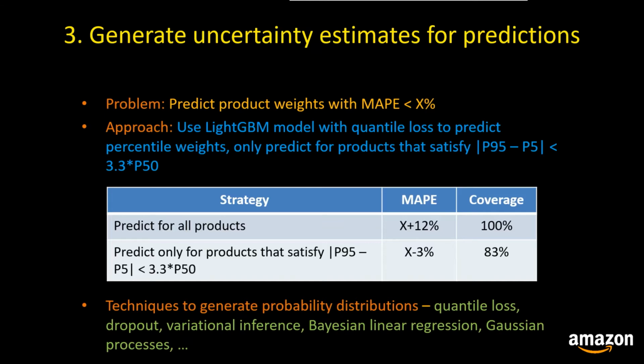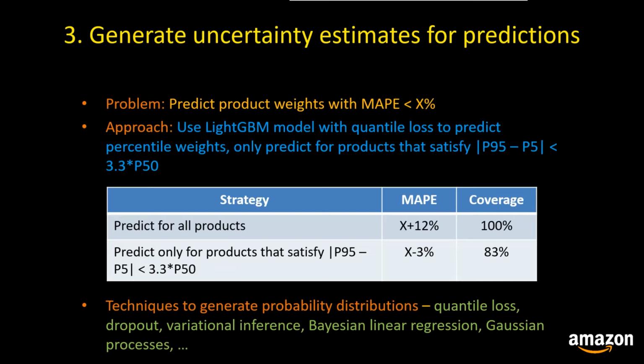Now, an alternate strategy here is to predict weights only for products for whom the difference between the 95th percentile and the 5th percentile value is bounded above by 3.3 times the 50th percentile weight value. Now, once we do this and restrict the products for which we predict weights, the MAPE reduces by 1500 bips from X plus 12% to X minus 3%.